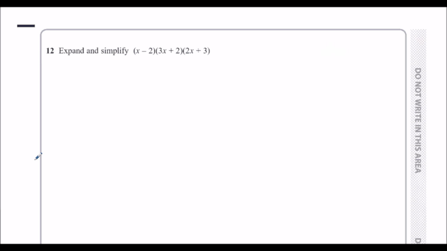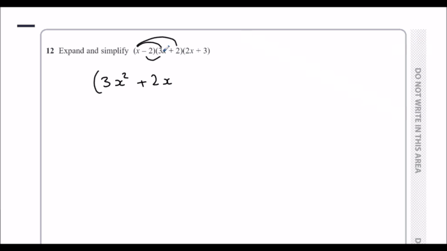Question 12, expand and simplify. So we've got triple brackets. We're going to expand and simplify by expanding 2 of the brackets and then leaving 1 to start with. So we're just going to expand the first 2 and leave the last one as it is. So x times 3x, 3x squared. x times 2 is 2x.